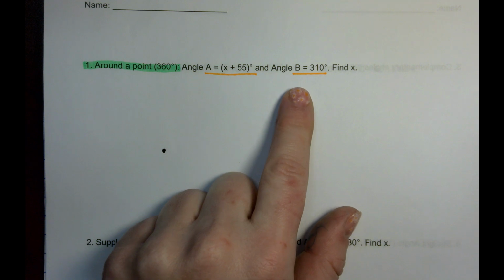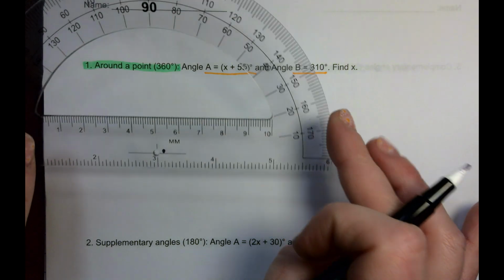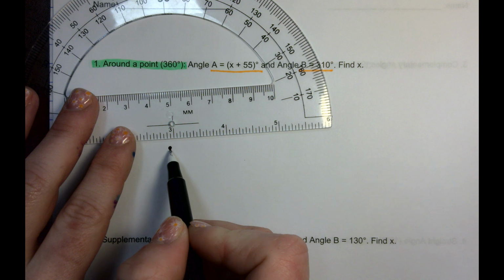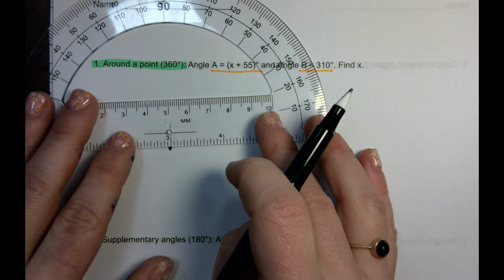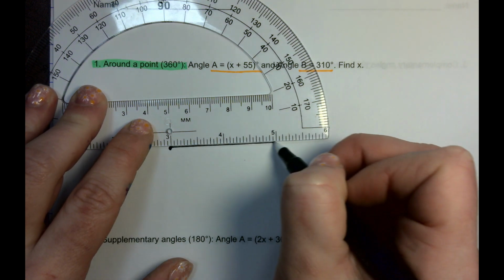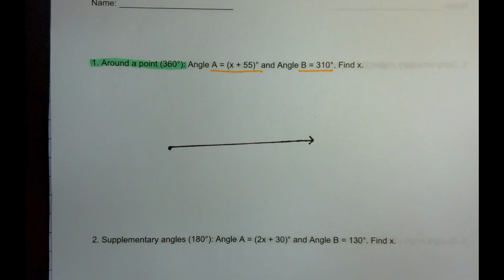That's a big angle. So we don't have to make it perfect or exact, but I'm going to start by putting a ray coming out of this middle point here. So I'm just going to put some sort of straight edge down. Okay, so there's a ray somewhere in the middle-ish.